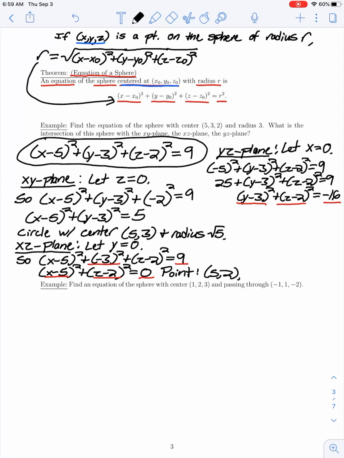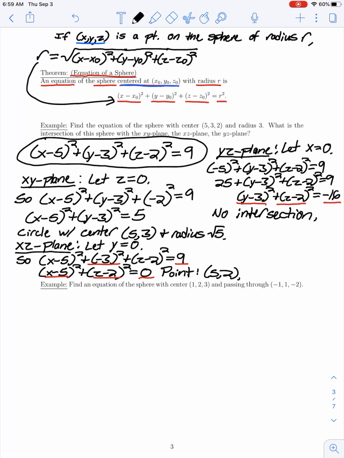So we would say there is no intersection between the yz plane and this sphere. That is, the sphere does not cross the yz plane in space.